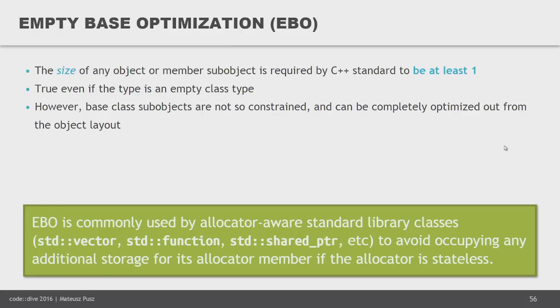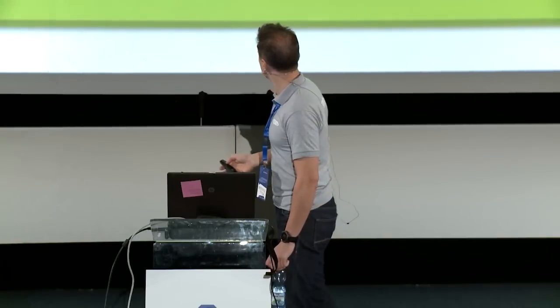Empty base class optimization is being used in most allocator-aware classes, like containers, like std function, like shared pointer. So it's really popular in modern C++, and I believe you also will have some types in your libraries you use in your work where you could benefit from this pattern.